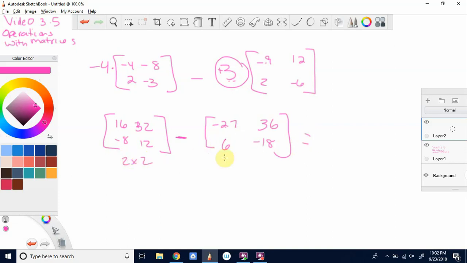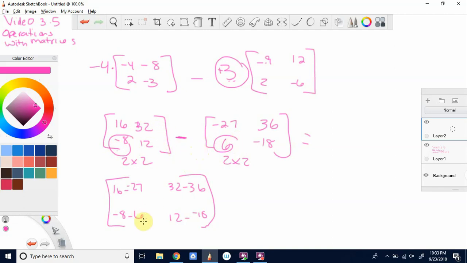Well, I have a 2 by 2 and a 2 by 2, so it's possible, and I end up with a 2 by 2. So I'm going to take the same positions: 16 minus negative 27, 32 minus 36, negative 8 minus 6, and 12 minus negative 18. So what I'm doing is working with corresponding elements, meaning they live in the same address, but of two different matrices.